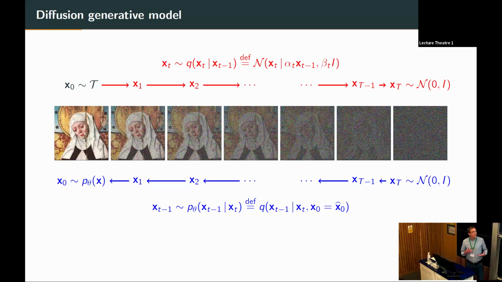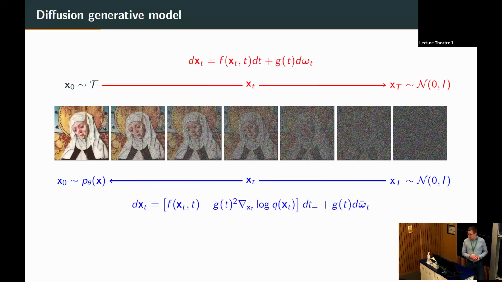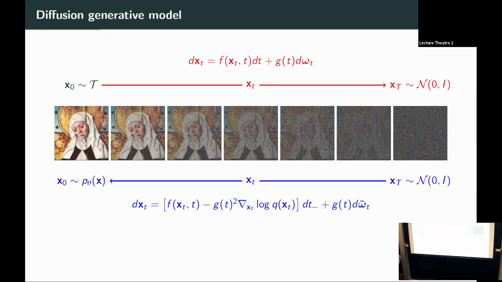So that's one possible view on these models. An alternative view is to take this into continuous time, and then we replace this discrete time linear Gaussian system with a continuous time version. Again, this is typically something simple, like linear Gaussian continuous time. And the reversal of this, well, we can write down what the reverse time SDE is, but again, this involves some intractable quantities.